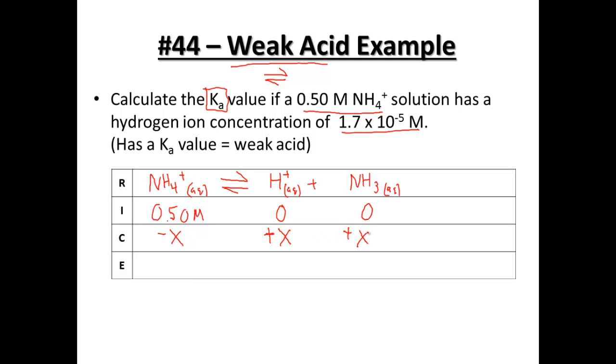In this case we're gaining, because this is our hydrogen ion concentration, our H plus, 1.7 times 10 to the negative fifth. If we gain that much H plus, we must also gain that much NH3. So as we've gained that much, we must have lost it from over here.